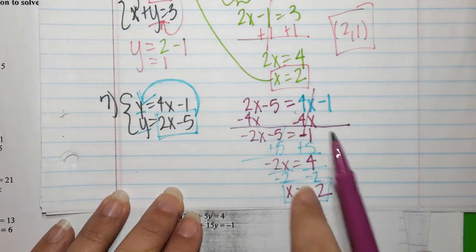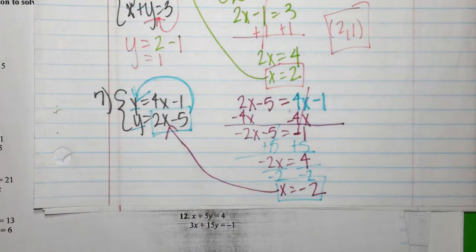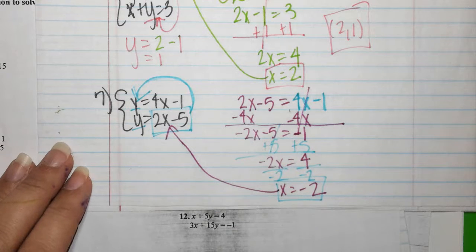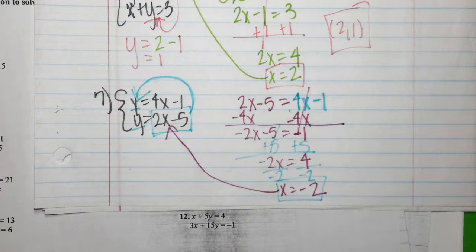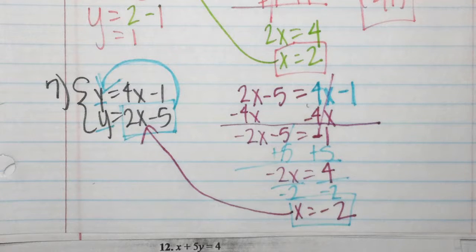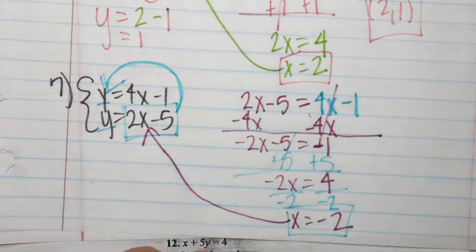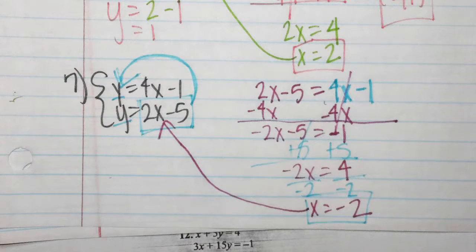Alright, now we have x, we need to find y. Let's plug it in right here. So we're going to plug in -2 for x. I'm going to use a different color because this blue is dying.